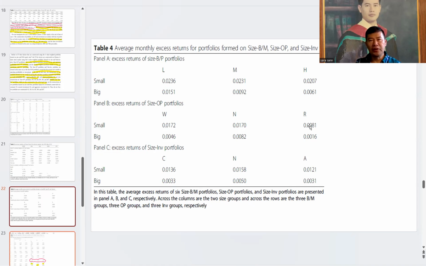If you select an investing portfolio based on size and return on equity, you're supposed to select size to weak return on equity or size to neutral return on equity. Okay, about the big size, weak return on equity, 0.4%. Big size, neutral return on equity, 0.8. Big size to robust or highest return on equity, 0.1.